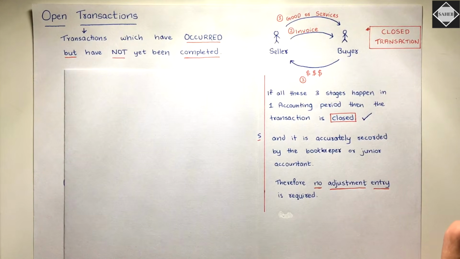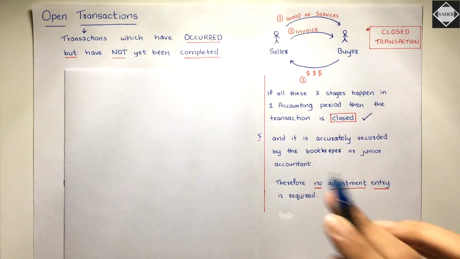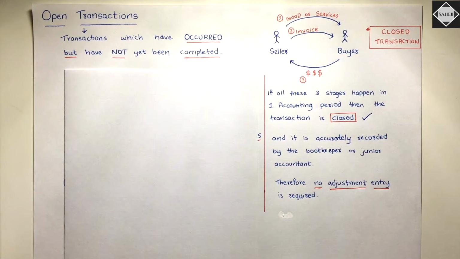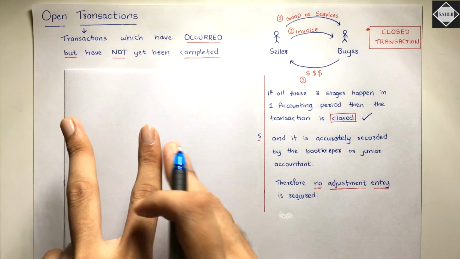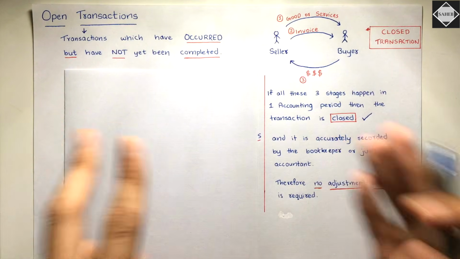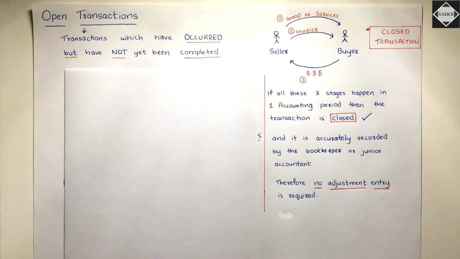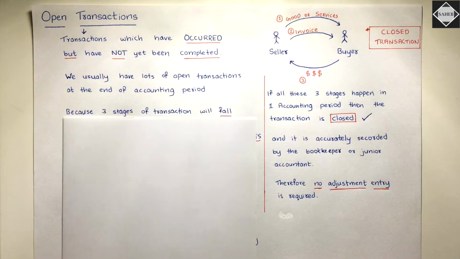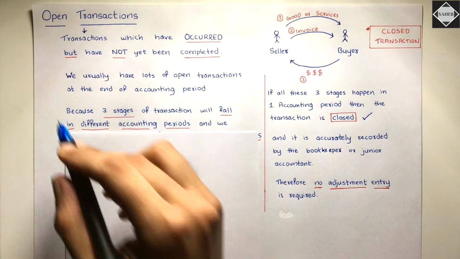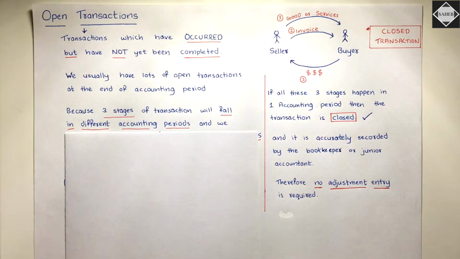So that's the thing. But if the transaction is open, means all the three stages are not happening in the same accounting period. Two stages are happening in a current accounting period and the payment will happen in the next accounting period. If that's the case, which will be there in most of the cases, then we have an open transaction. And we usually have lots of open transactions at the end of accounting period.